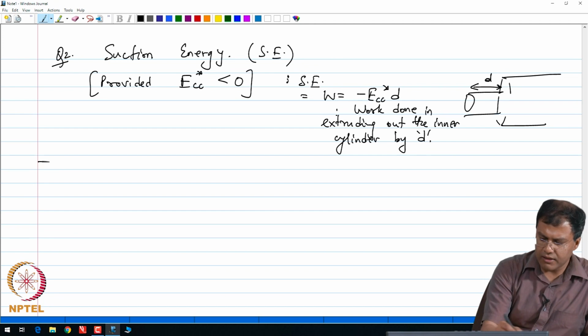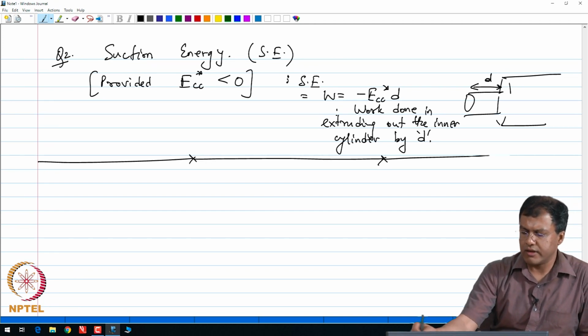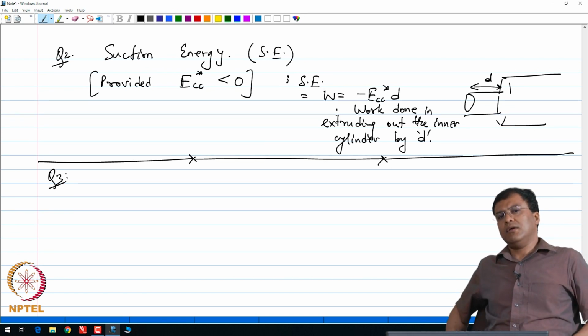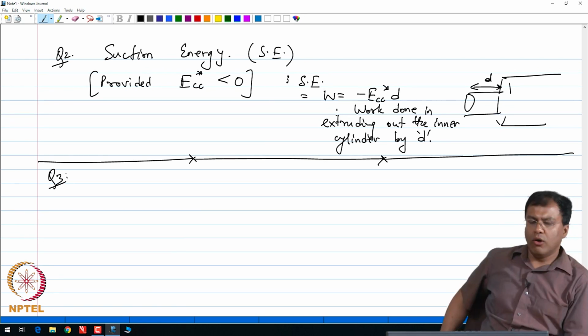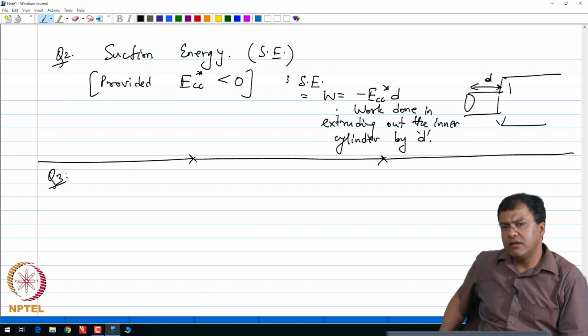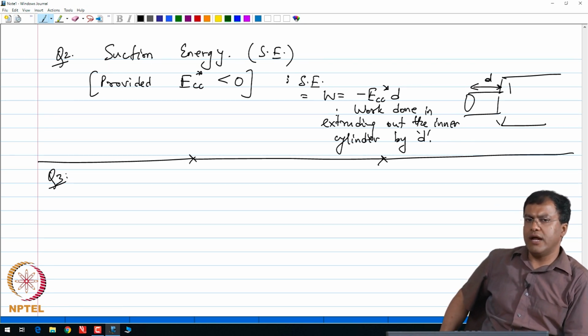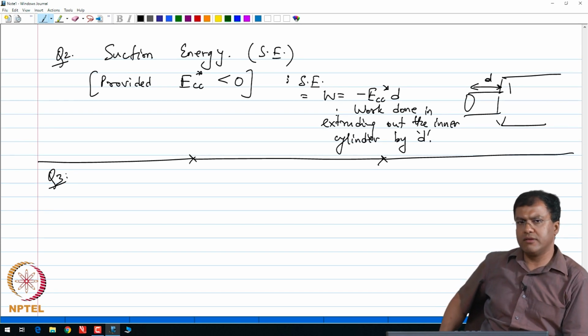The third and the most vital question is describing the mechanics of the setup. To describe the oscillatory motion of the two nanotubes, let us look at these two tubes of a certain length, in which the inner tube is extruded by a distance d.